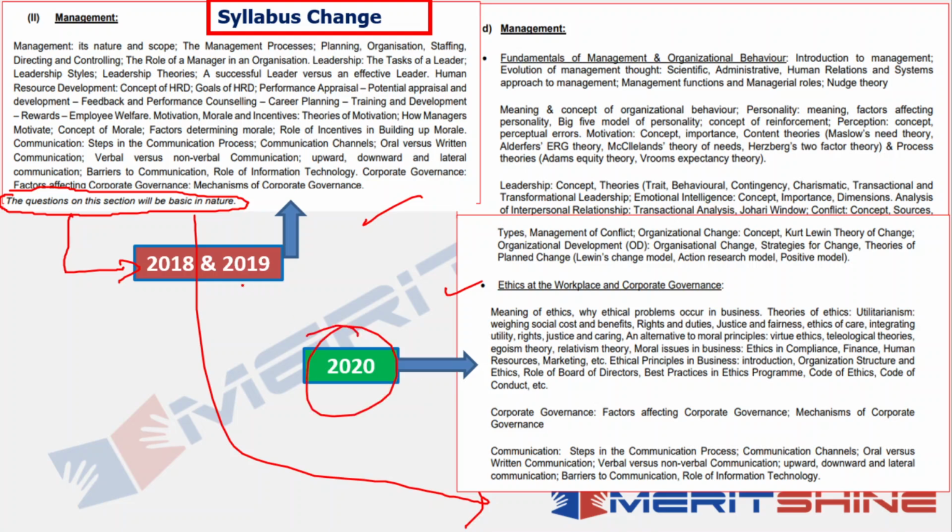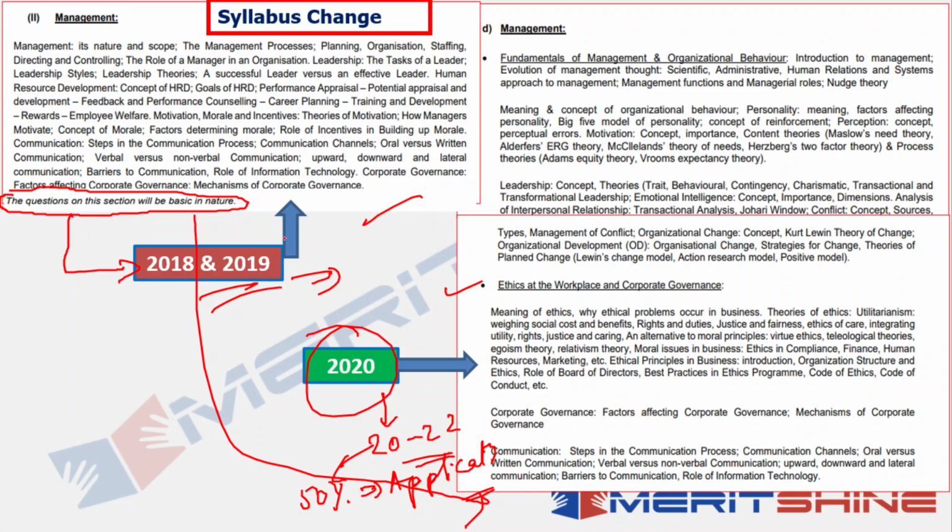Now, that was true for 2018 and 2019 also, but we'll have to understand that in 2020, for example, out of the objective questions of 50 marks, 20 to 22 marks were from management. And out of them, almost 50% or more were application questions. Plus, there was descriptive, and descriptive, even if it is a direct question, has an amount of application to it.